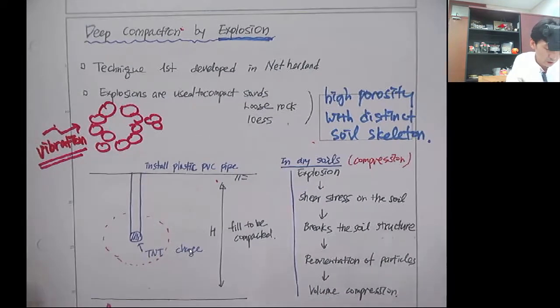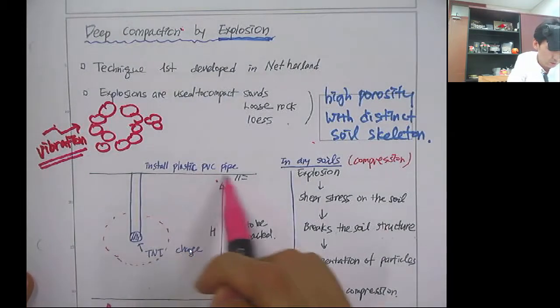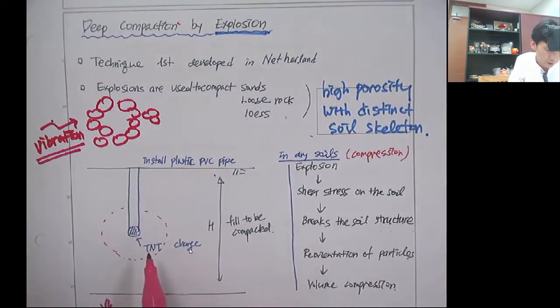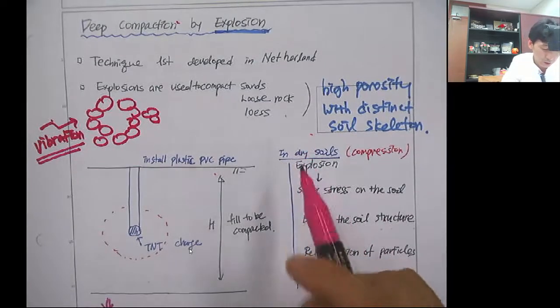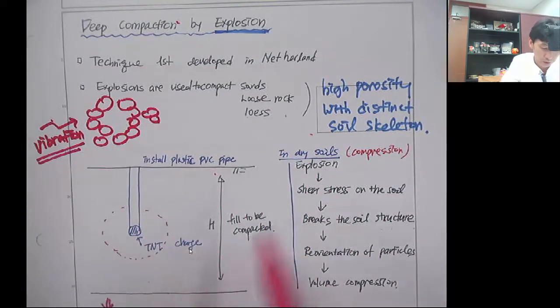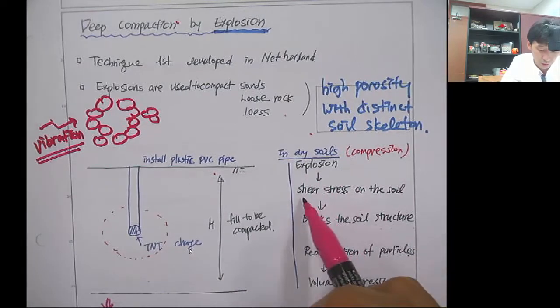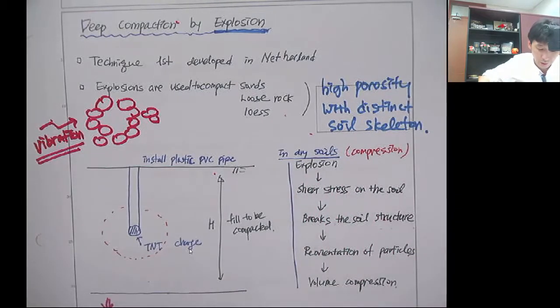Basically, you install a PVC pipe into the ground, and at the tip of the pipe you install the dynamite or explosive, and then you just explode it, wait until it densifies and the settlement completes. In dry soil, when you apply this explosion, the explosion induces shear stress, which breaks the soil structure and reorients the particles, and finally you get different compression.